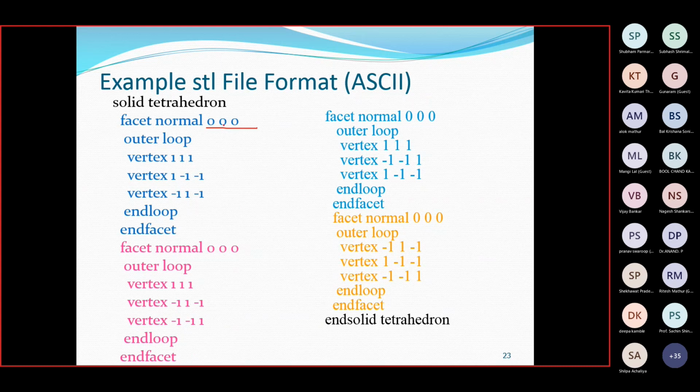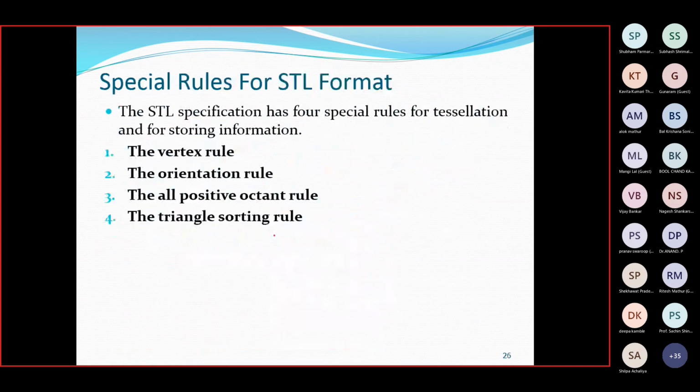One, the normal is not outwards. Second, it has negative numbers. So it is violating the orientation rule and the positive rule. Because it violates two different rules, my file is not printable.